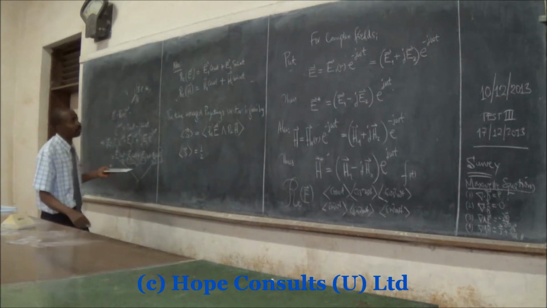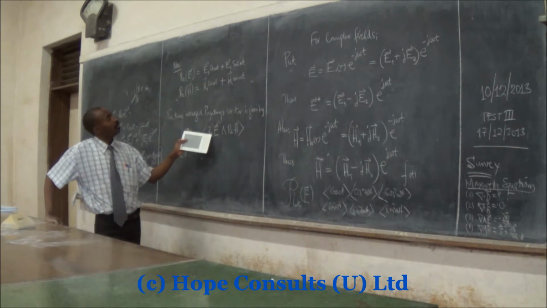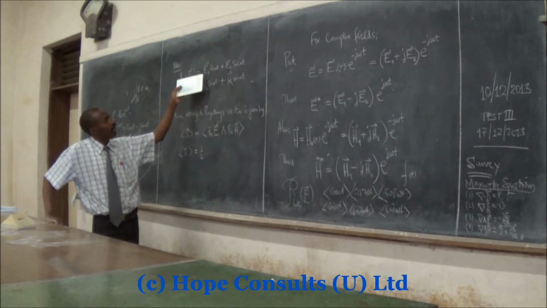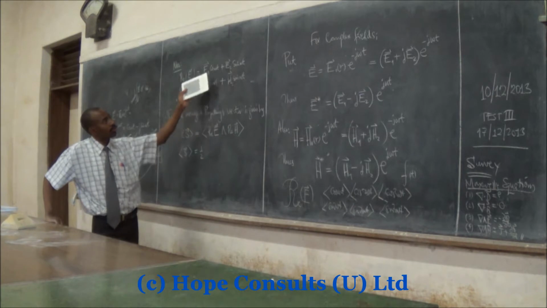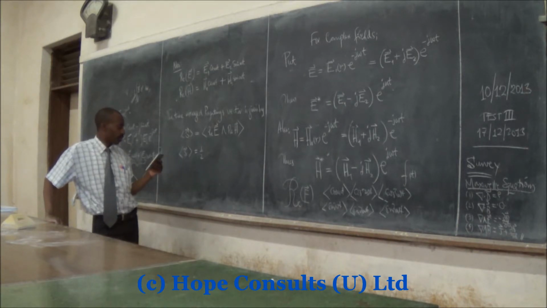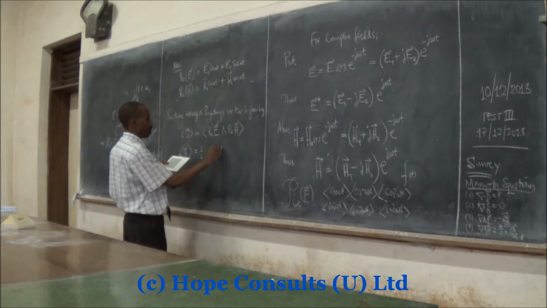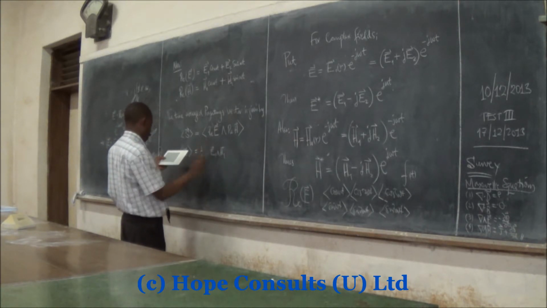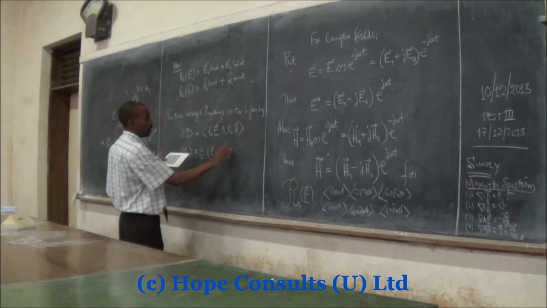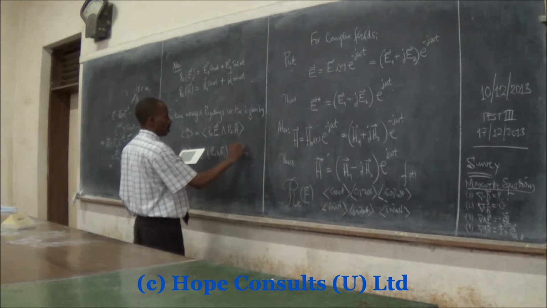And of course, if you look for the real of E, and then you have the real of H, cross them, and after crossing them, you take their average value, which should give you a half E1 cross H1 plus a half E2 cross H2.